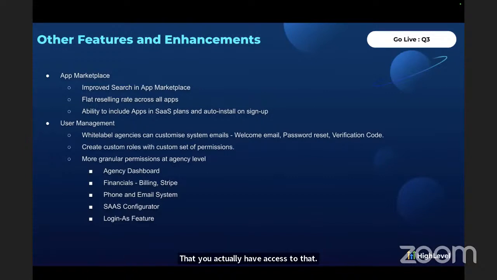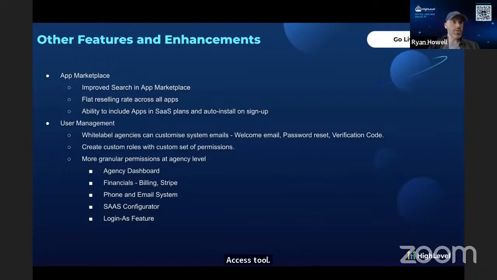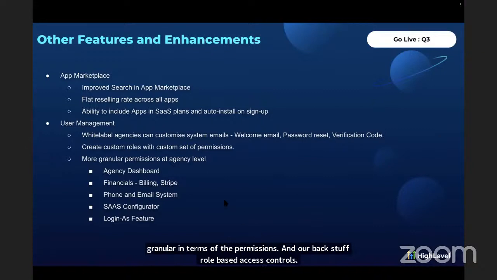I can see a use case that people need to create a document, but if you close off payments, then everything is closed off. So will there be a difference between finances and billing, and access to documents, products, and those kinds of things? Yeah, we're continuing to get more granular in terms of the permissions and the RBAC, role-based access controls. So yes, that's coming for sure. Okay, awesome.